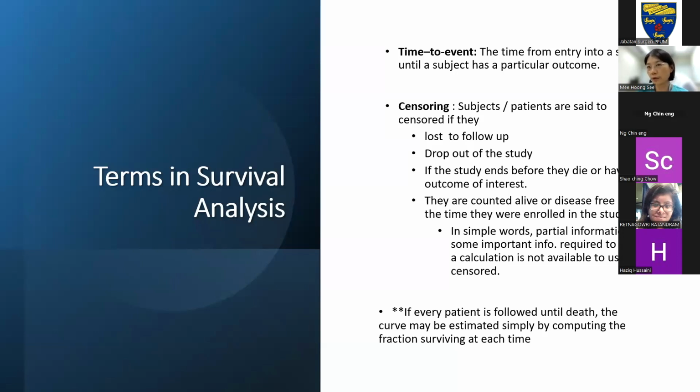If you want a 5-year or 2-year cut-off point, that is the time you are looking at. We also want to censor out those who are lost to follow-up, those who drop out of our study, and also those who, before the study ends, before they die or reach the outcome, we want to censor that out before we do the analysis of survival.